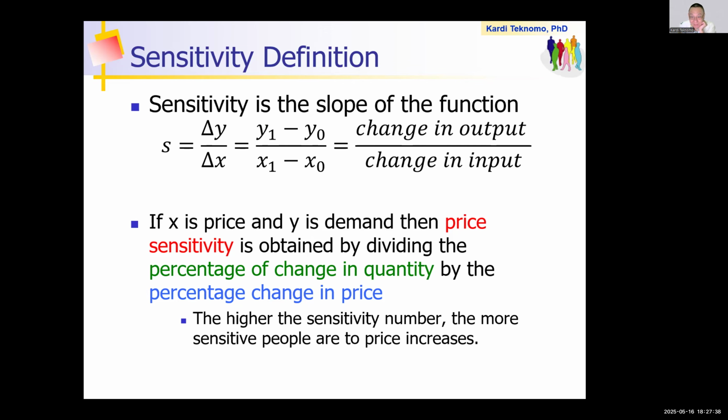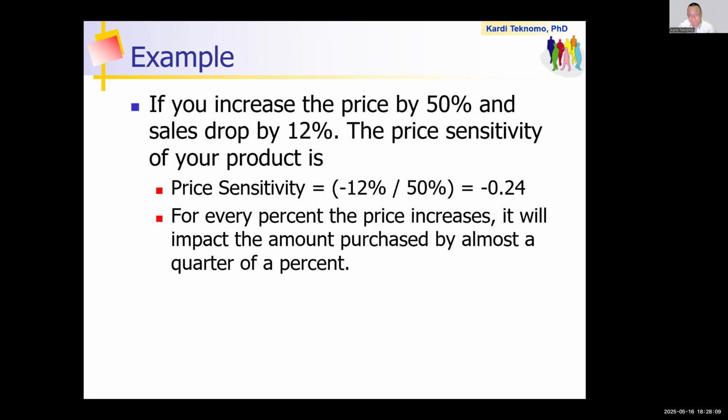Then you can put this into percentage, because this is the difference. So if x is the price and y is the demand, price sensitivity is obtained by dividing the percentage of change in quantity by the percentage of change in price. Meaning if you get a higher sensitivity number, then of course they are more sensitive to change of the price.